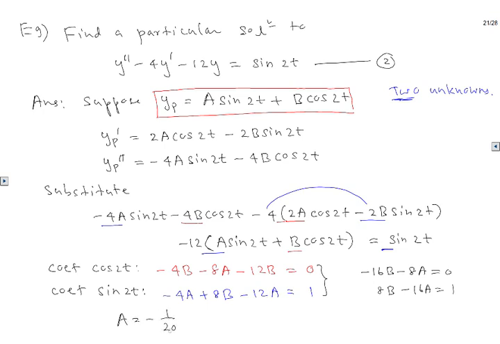Now we're going to substitute that value into the other one. So you're going to get b equal 1/40. Once you plug in that value, you're going to see that b equals 1/40. So this is a very simple calculation. Okay. Good.